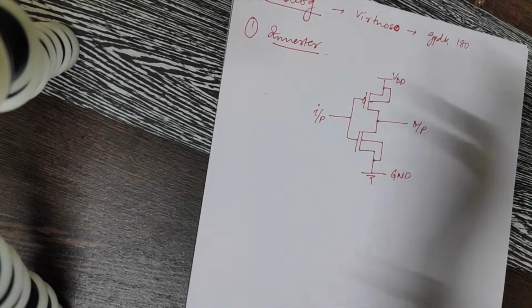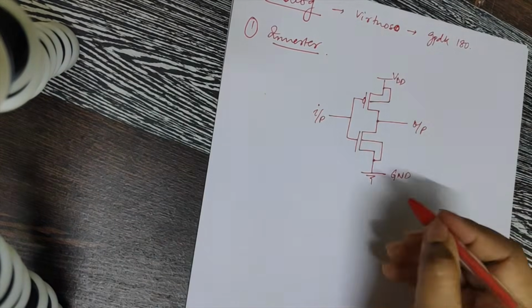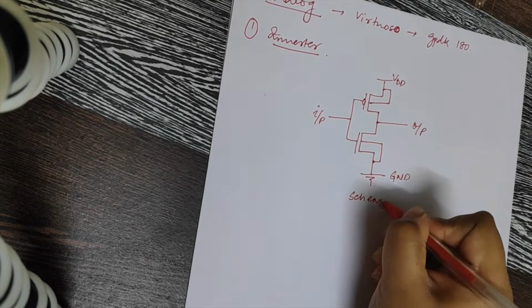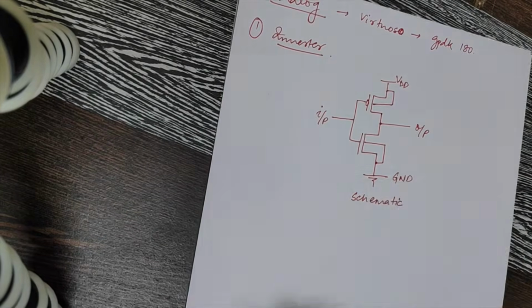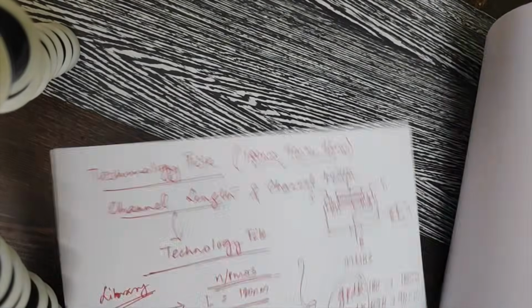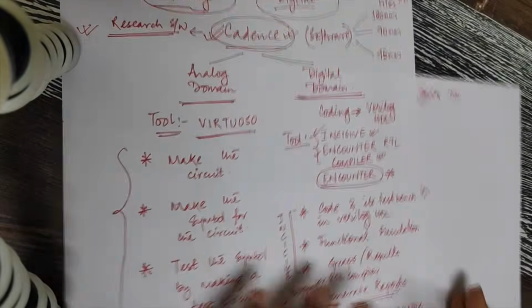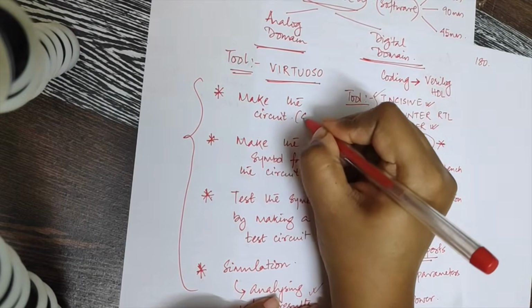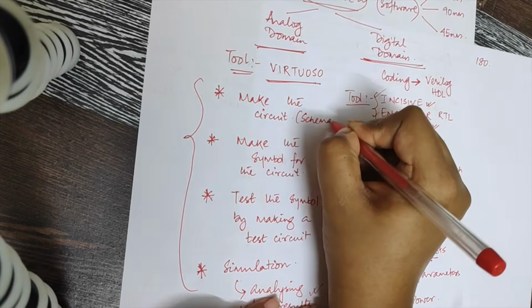Now, instead of calling this a circuit, in Cadence you will be calling it a schematic. So, the first step over here, make the circuit, is actually make the schematic.